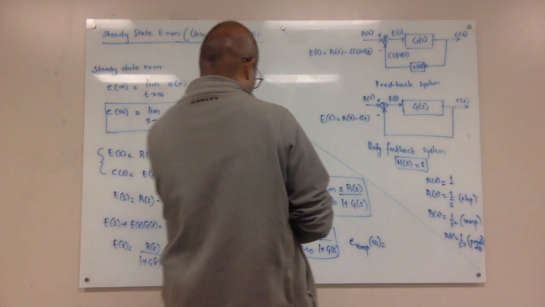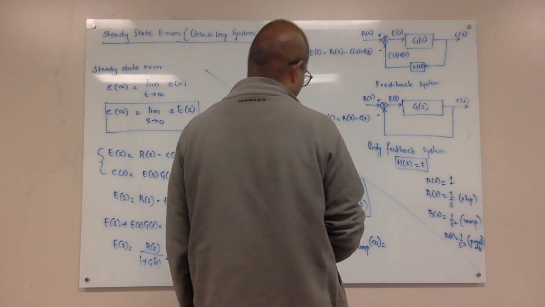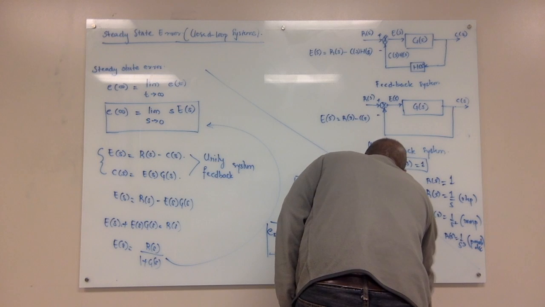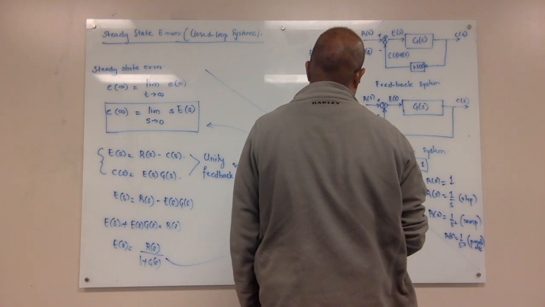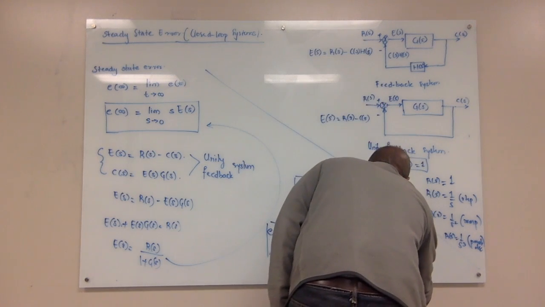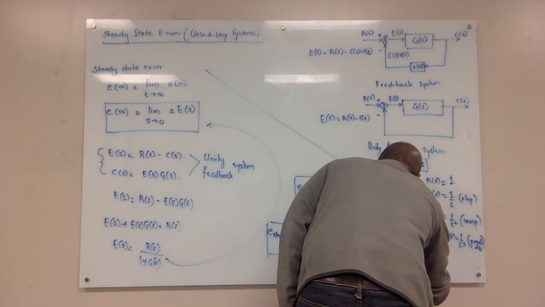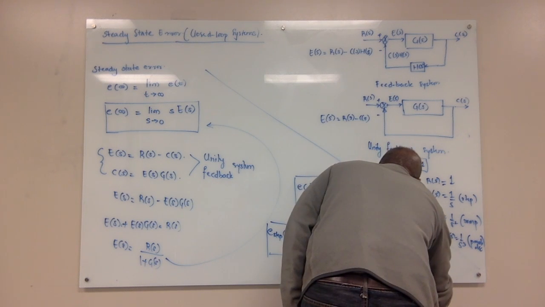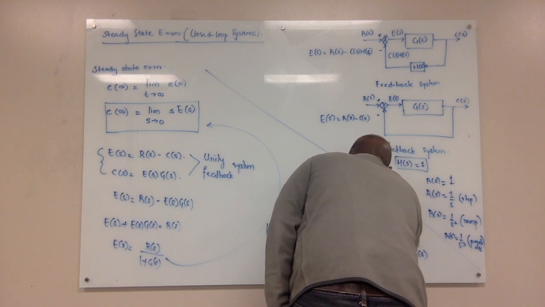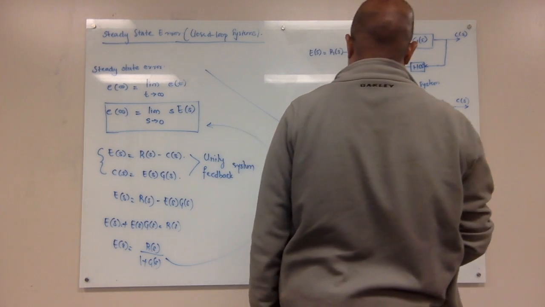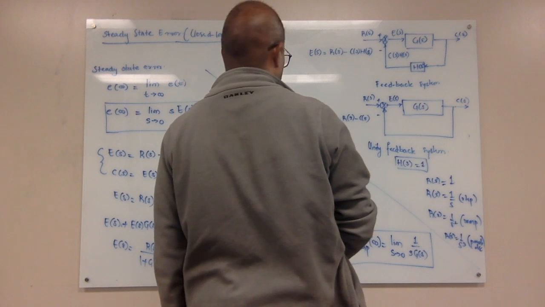Okay, so E ramp is what? Limit S tends to 0, 1 over S G of S. Okay, and the last one.